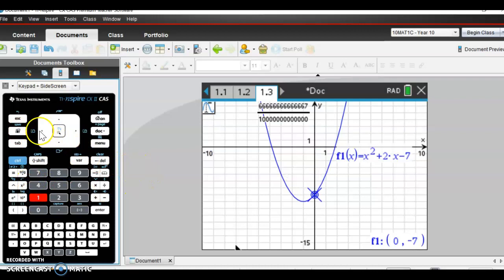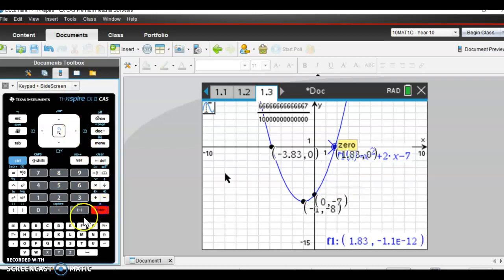Cursor left and right until you get to a certain point of interest. I'll come back to that one. Press enter, and there's the minimum, that's your turning point. Enter, and then the y-intercept, enter, and finally the last point, enter.